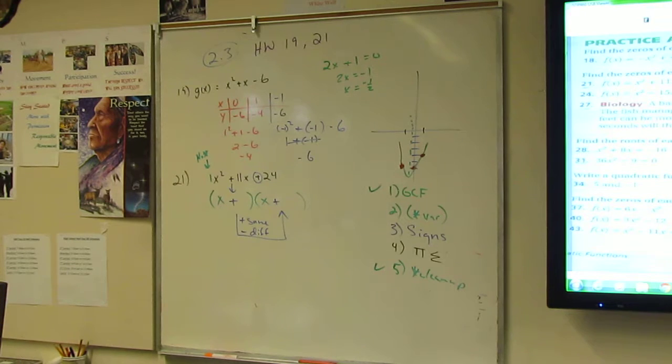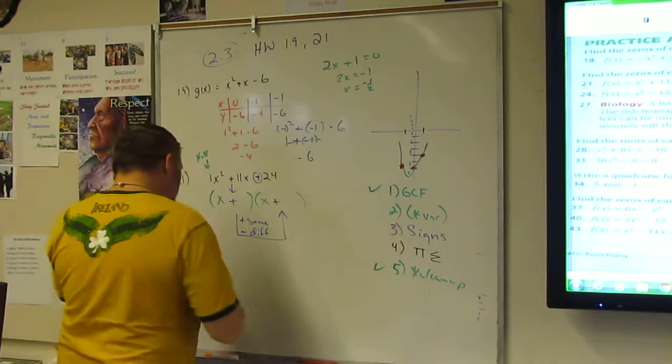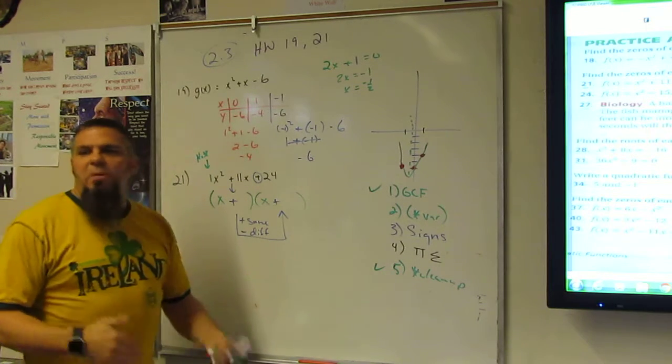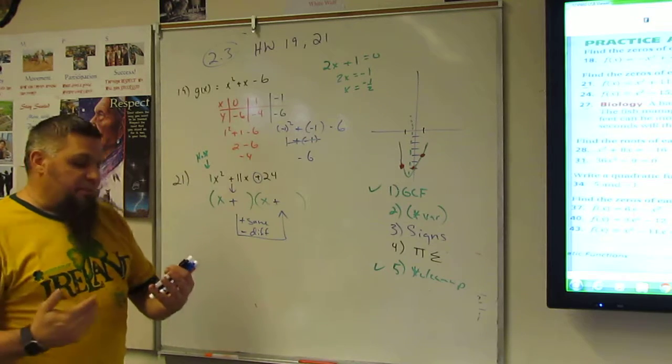I'm planting a little seed so that when you see these signs next year in pre-cal, we'll be like, oh, this is productation, we're going to be multiplying. This is summation, we're going to be adding. Here, we're just using them as something to remember things by.